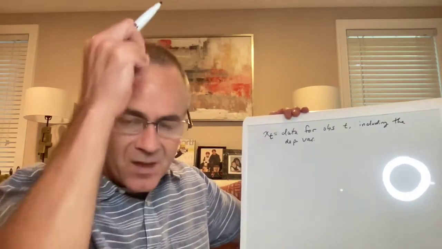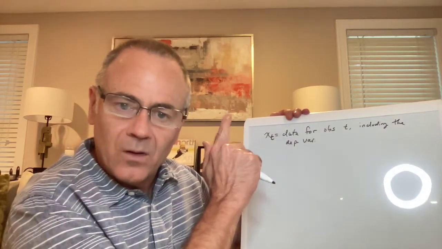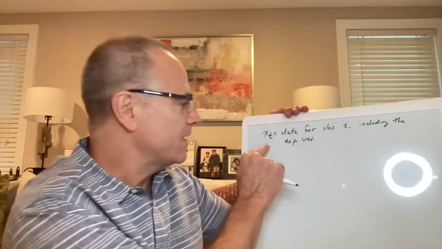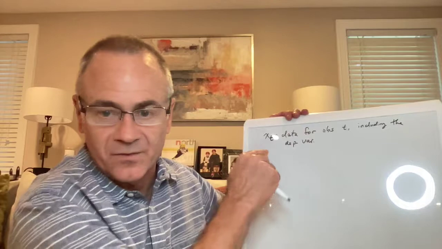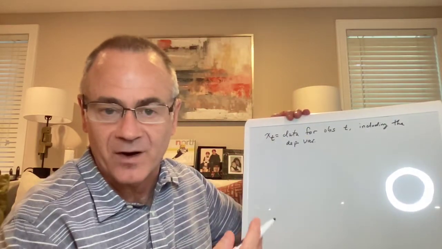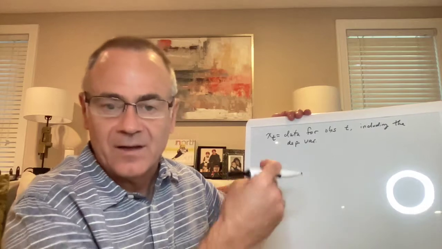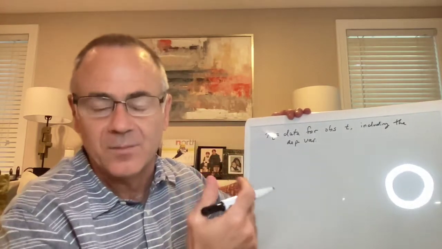So x sub t refers to observation t. Now this x might be a vector. If it is a vector, the first element of that vector might be the dependent variable, and then all the other elements of that vector could be the independent variables.